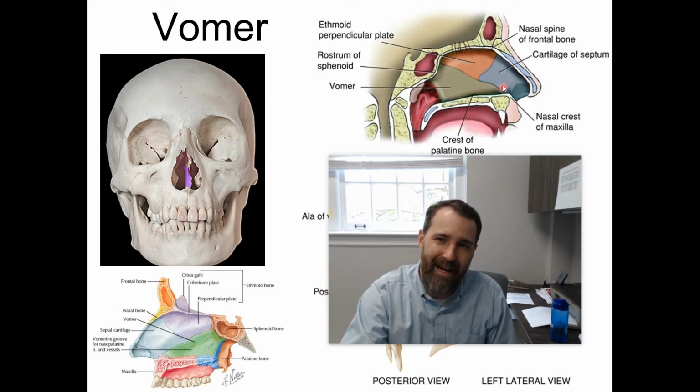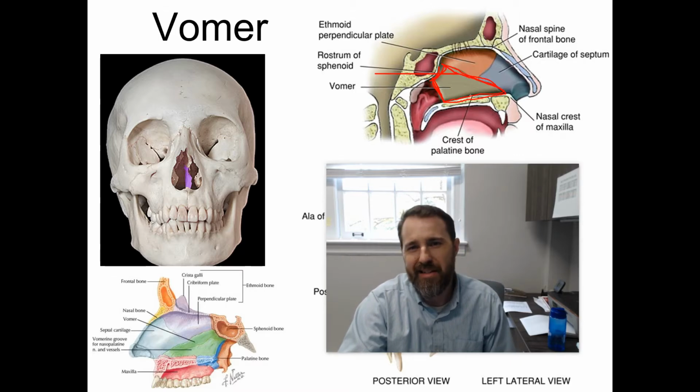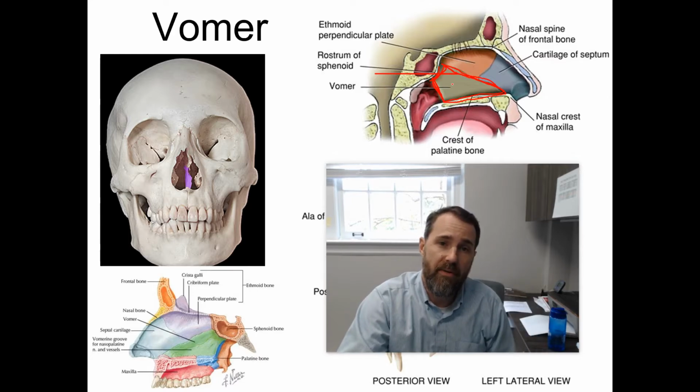Now, if we move back into the nasal cavity a little bit more, you see this triangle of bone. This triangle of bone is known as the vomer. The vomer comprises the inferior, posterior portion of the nasal septum.